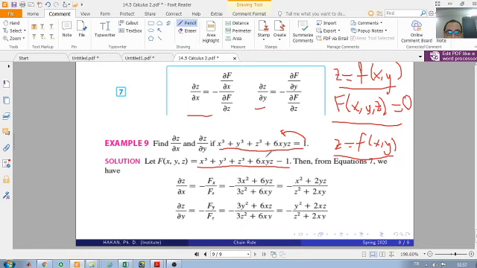We take the derivative of this one with respect to z. X and y are constants. The derivative of a number is 0, and similarly you can find the other one, and we obtain the derivatives in the variables x, y, and z. Okay, thank you very much.